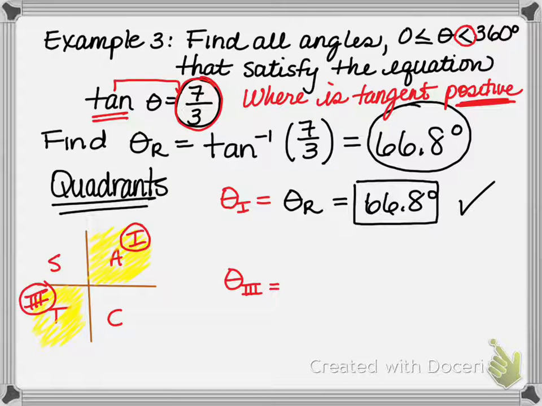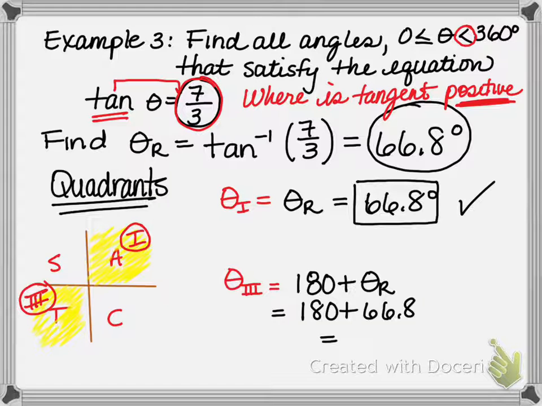Theta in my third quadrant requires me to do 180 degrees plus my reference angle. So I'm going to substitute 180 plus my reference angle, which is 66.8. When I add those two together, 180 plus 66.8 is 246.8 degrees.